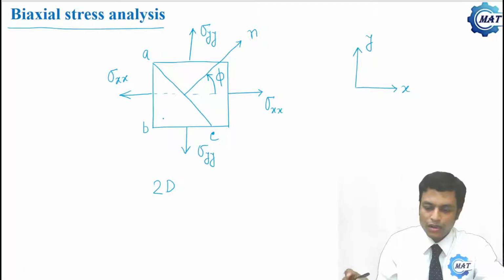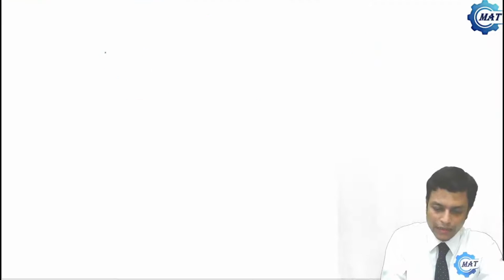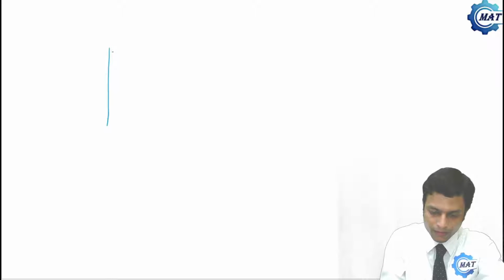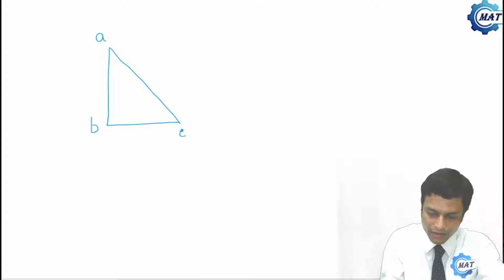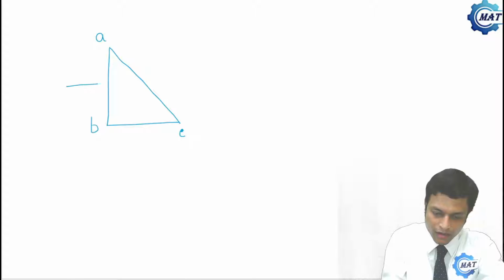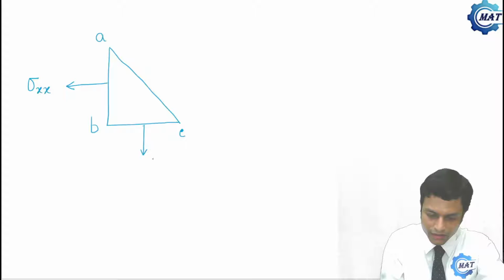So first of all, let me draw that. So ABC. This is A, this is B, this is C. And along this stress is sigma xx. Along this direction stress is sigma yy.